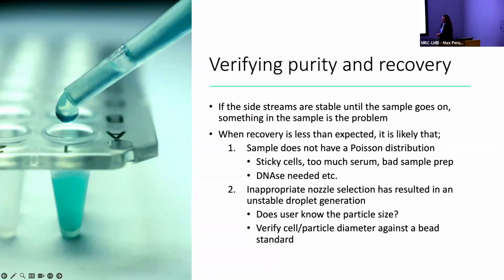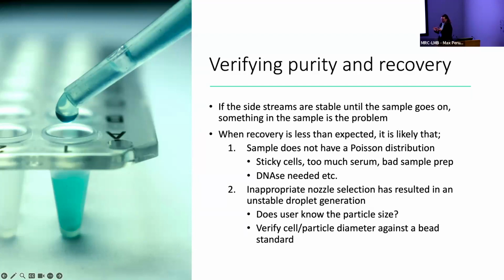Another reason for issues could be that an inappropriate nozzle selection has resulted in an unstable droplet generation. So this is where it's really important that typically we have quite a bit of information already in terms of the particle size. But if we're working with something new, it's really important that you let us know approximately what the size of the cell is.